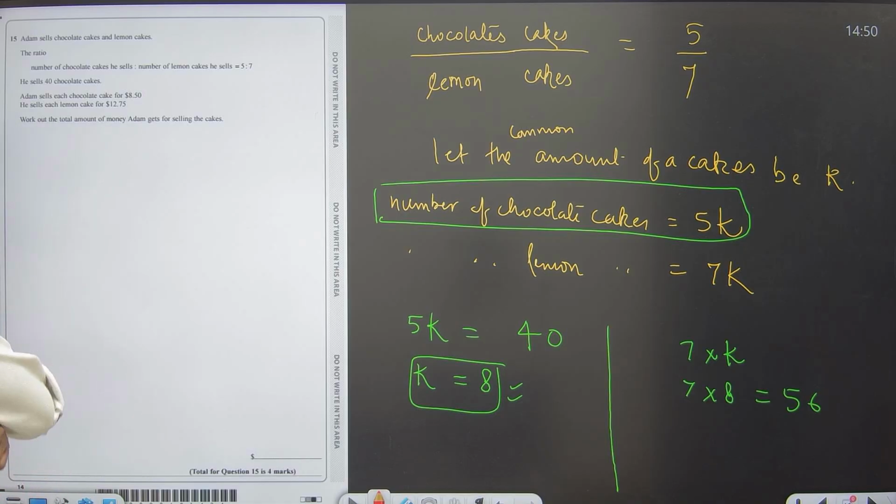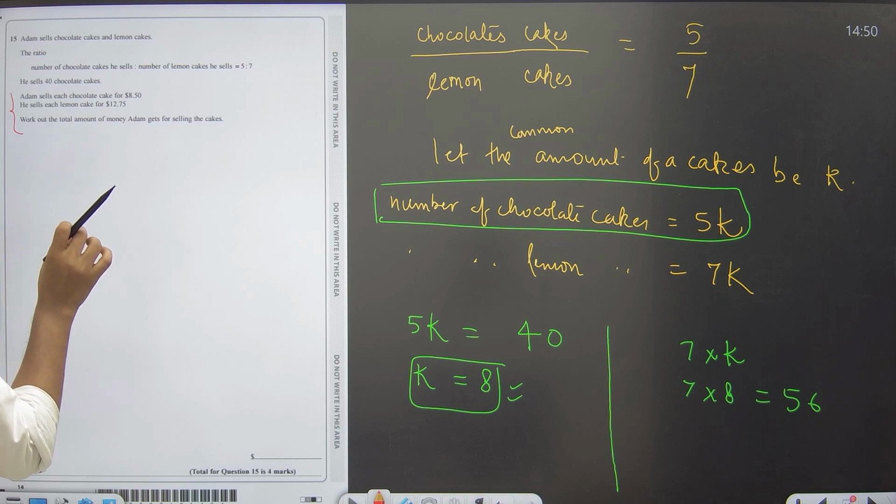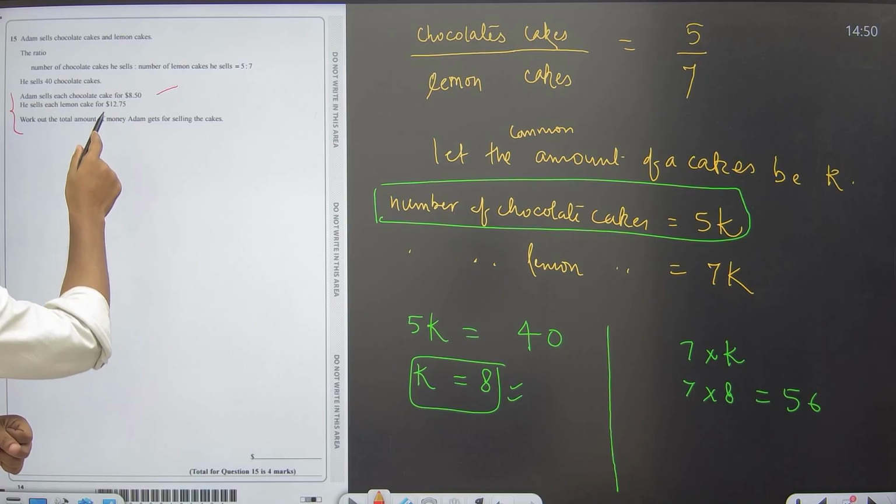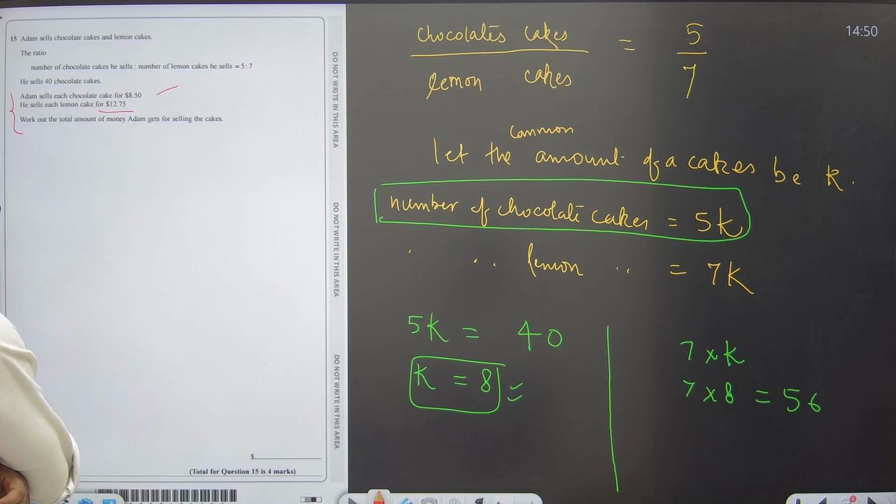Now in the question, student, it has mentioned that Adam was selling chocolate cake for $8.5 and lemon cake for $12.75.